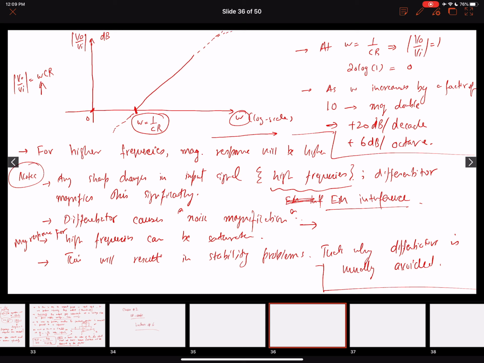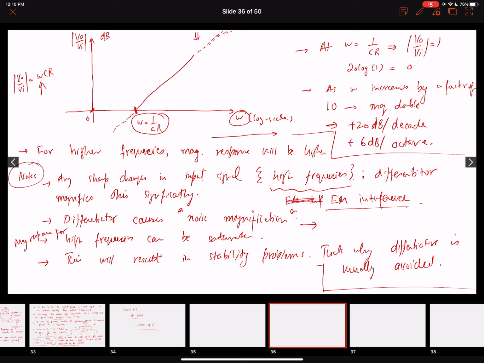So this is what we have seen thus far: this was our magnitude response, and as it increases linearly, the magnitude response becomes much higher with higher frequencies.